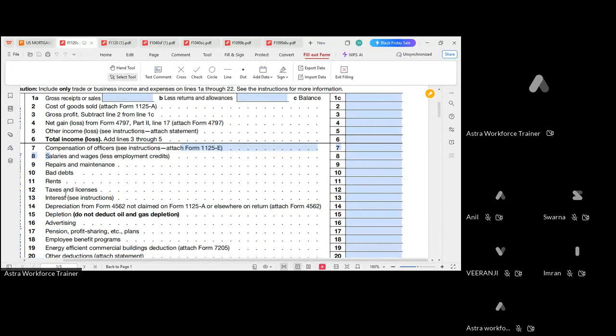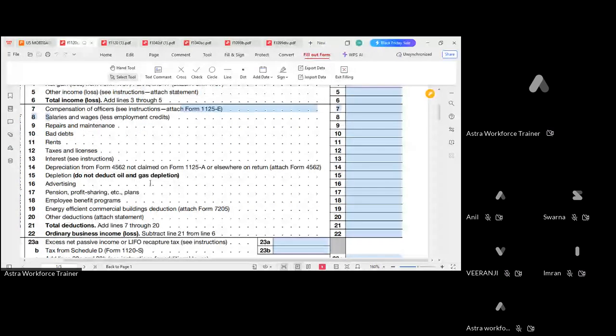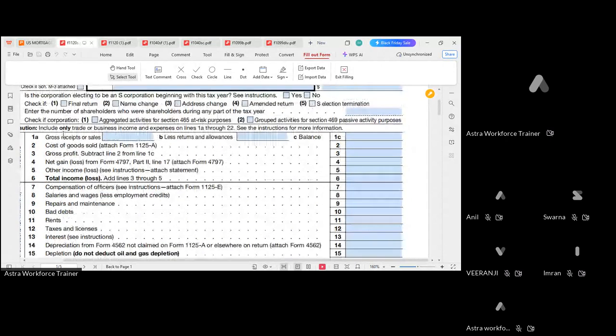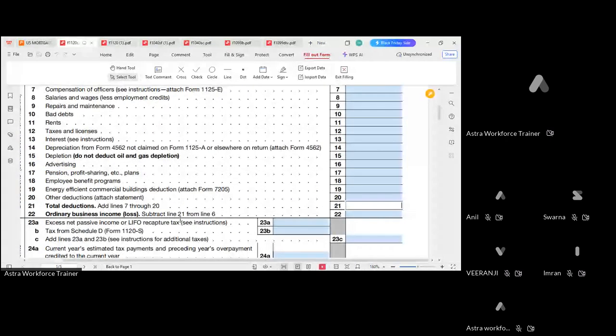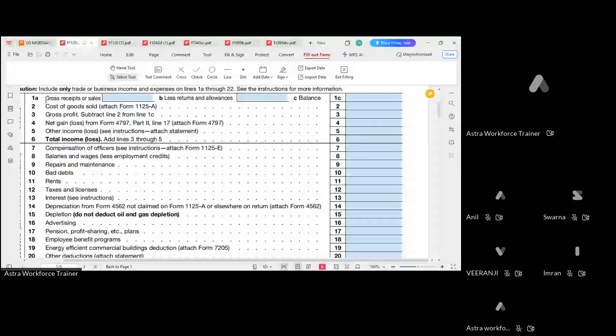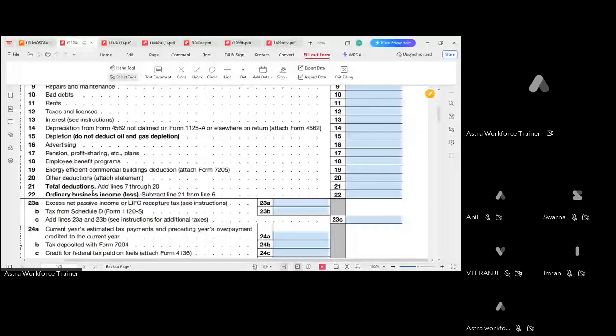All the expenses will be updated over here, and the total deductions on line number 21. If you deduct line 21 from the total income, you will get the total net ordinary income of the borrower.